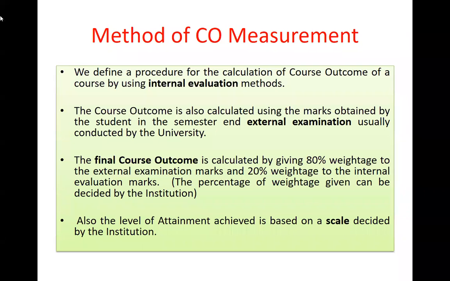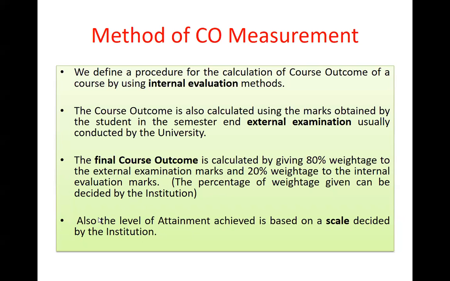So we define a procedure for the calculation of the course outcome of a course by using internal evaluation methods. Course outcome is also calculated using the marks obtained by students in the external examination, usually conducted by the university. And the final course outcome, according to the current NBA manual, is calculated by giving 80% weightage to the external examination marks and 20% weightage to the internal evaluation marks.